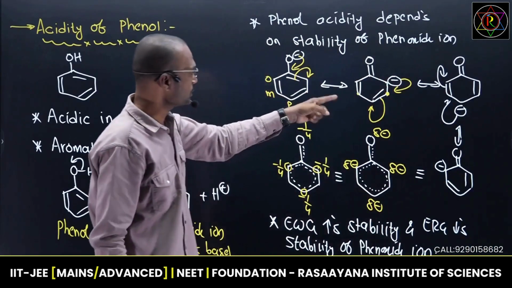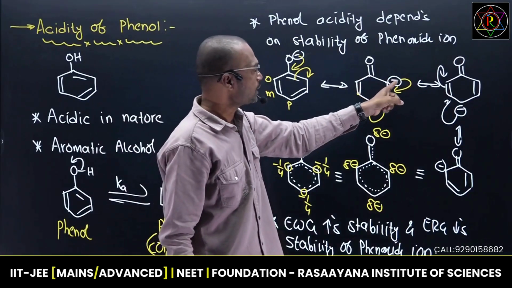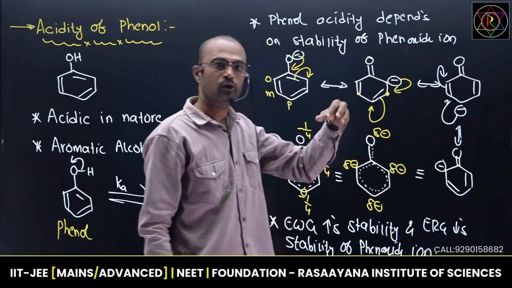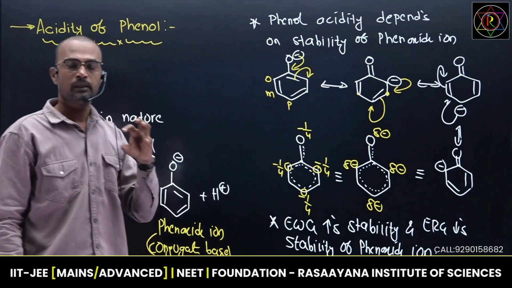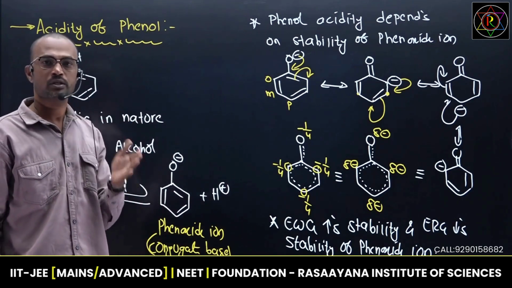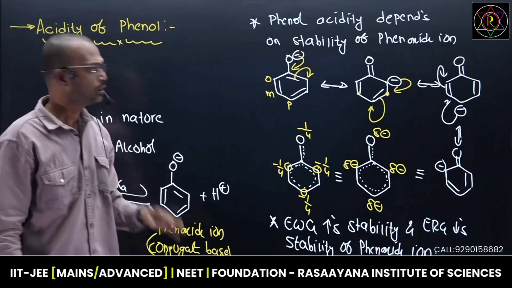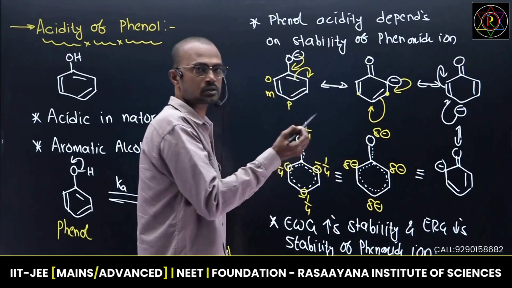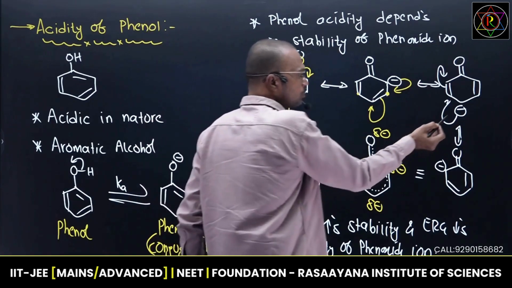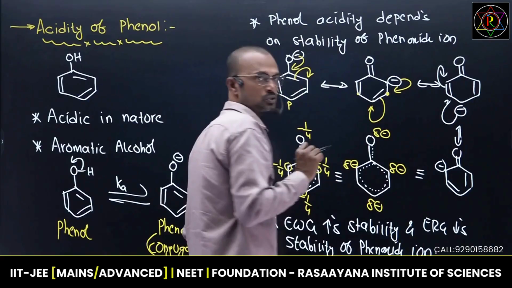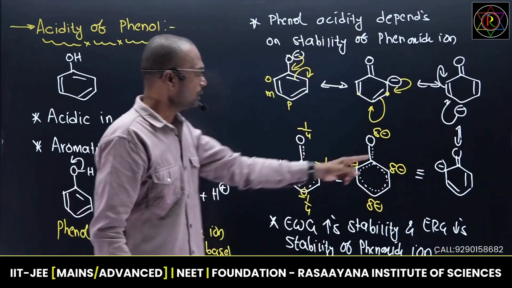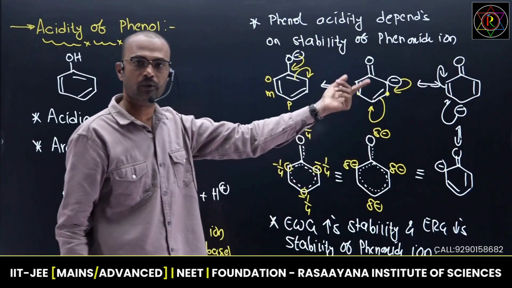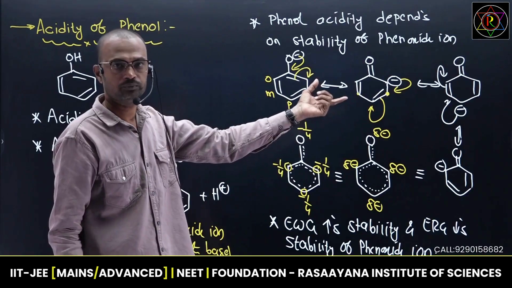In this resonance form, see, ortho carries extra electron density, para carries extra electron density, one more ortho carries extra electron density. When negative charge is delocalizing around benzene, para should carry more extra electron density as compared to 2 ortho positions. Okay. So don't think that, sir, here 2 ortho positions carry negative, negative, they carry more extra electron density. Not. Actually, para has more extra electron density as compared to 2 ortho positions. Okay. So always negative charge, if it is present at para, it should be more dominant as compared to negative charge present at ortho.